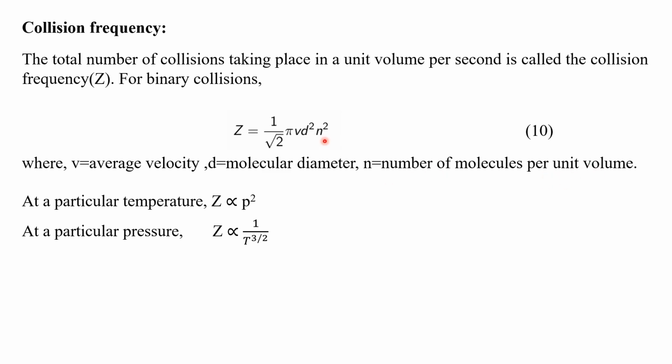It is not the total number of molecules or number of moles, it is the number of molecules per unit volume. At a particular temperature, Z is proportional to P square. At a particular pressure, Z is proportional to 1 by T to the 3 by 2. So higher the pressure, higher will be the value of Z. Higher the temperature, lower will be the value of Z.